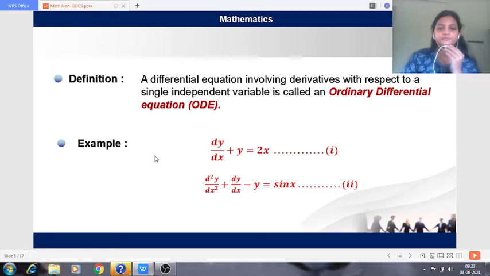As for example, dy/dx plus y is equal to 2x. Here the single independent variable is x, and in this equation the derivative dy/dx is with respect to x, that is, with respect to the single independent variable. So this equation is an example of an ordinary differential equation.